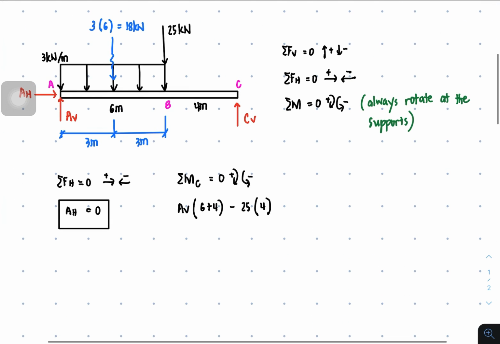Next is the last one, which is 18. As you can see, 18 is the resultant of the force distribution.